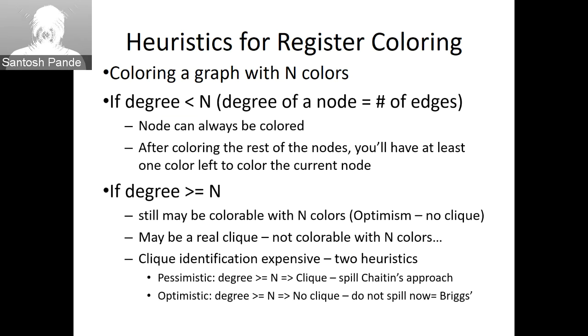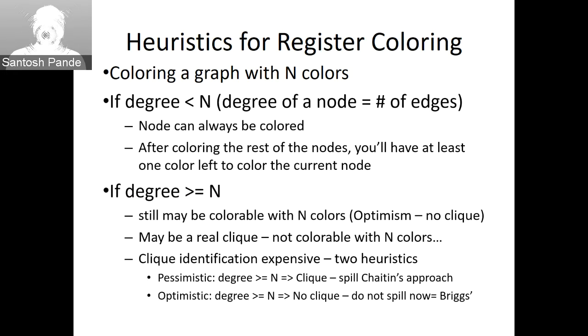After removing all the nodes which have degree less than n, we run into the case that all the remaining nodes have degrees greater than or equal to n. So we reach this invariant. If we don't reach this invariant, we are done. That means we can give out simple colors, pick a node, give a color which is different from its neighbors, and keep doing that for all nodes, and the whole graph will nicely fit in our registers, and we'll be very happy.